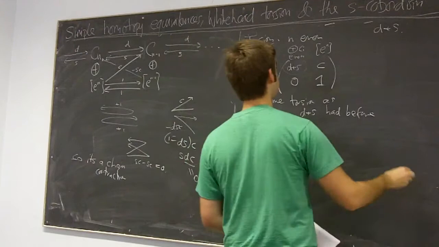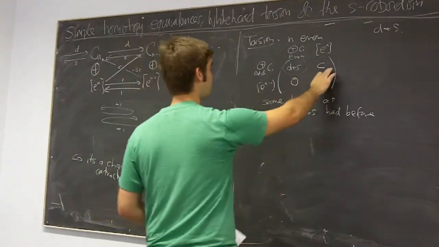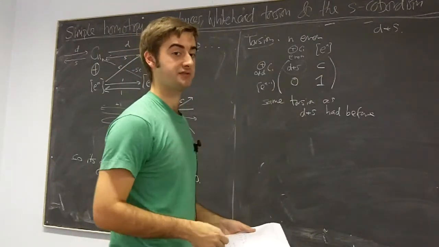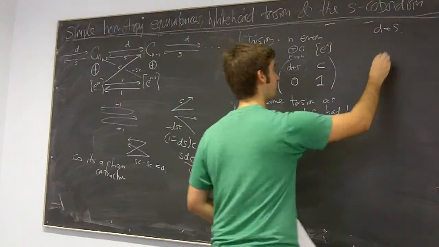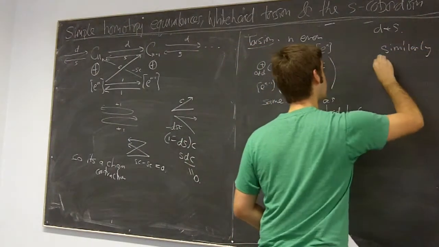And in the case that n is odd, we get the same thing happening, but instead of c we have this minus Sc from the S component. So similarly for n odd.